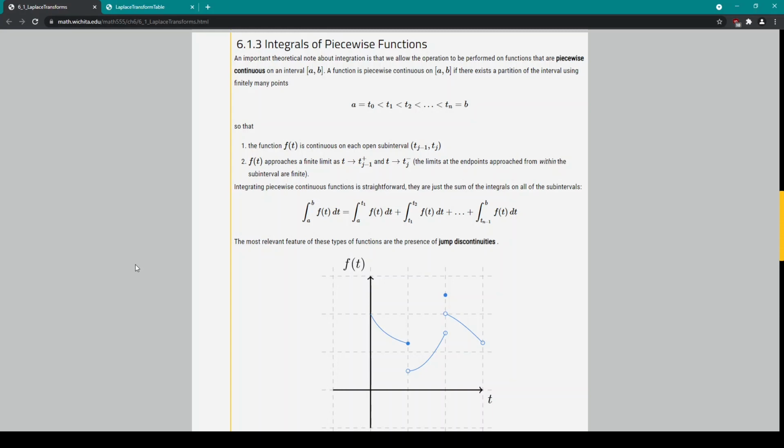So here on the screen, at the bottom, there is a function that has jump discontinuities in it. Where we see that there are clear breaks in the function where it is not continuous. And if we wanted to compute the integral over such a function, the way that we compute the integral would be to just compute it over the piecewise continuous segments, right? Splitting things up every time there's a jump. And the value of the function at the jump doesn't matter.